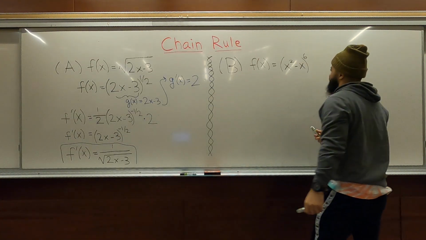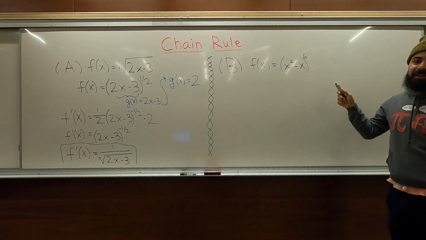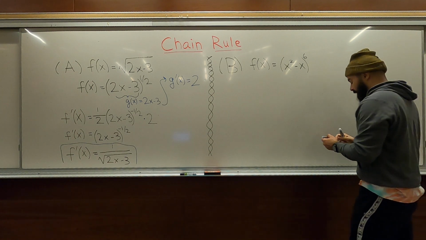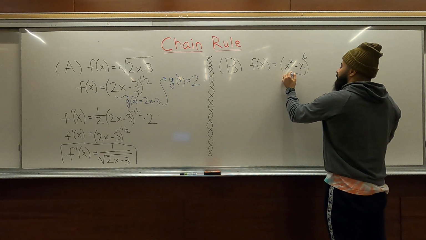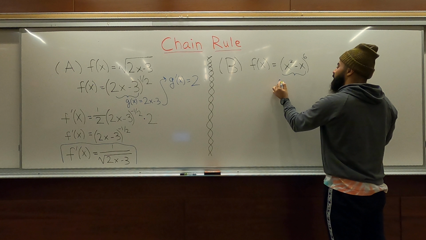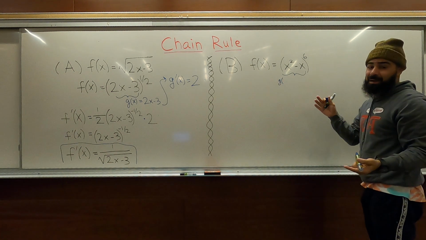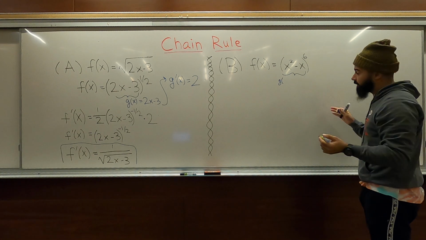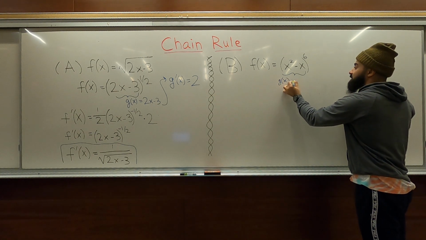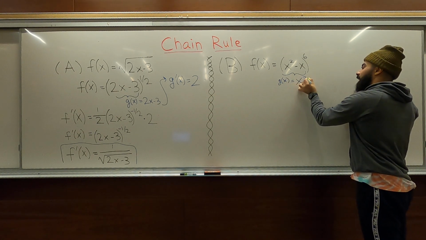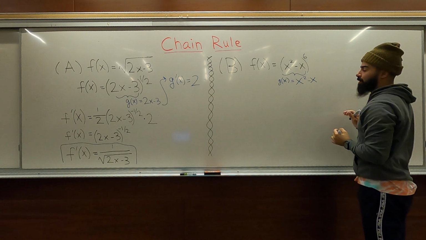f of x equals x squared minus x, all raised to the 6th power. The function inside here, our g function, we're going to call it, if this guy's going to be called x, that's what we typically do in math. We call the other guy g or h or something like that. So g of x is x squared minus x.